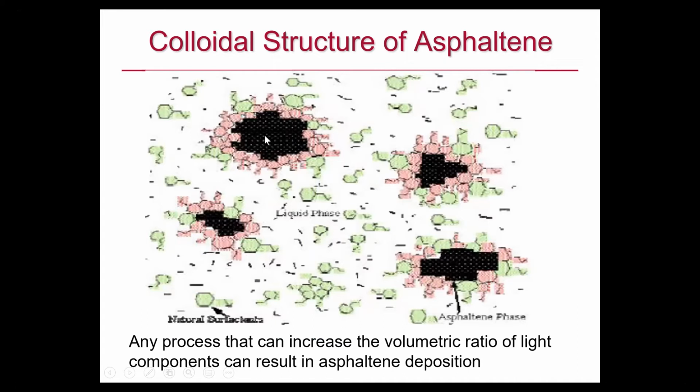Obviously, asphaltene particles want to stick to each other. So we have some natural surfactant in the liquid phase, and anything that increases the distance between asphaltene and resin can result in asphaltene formation.